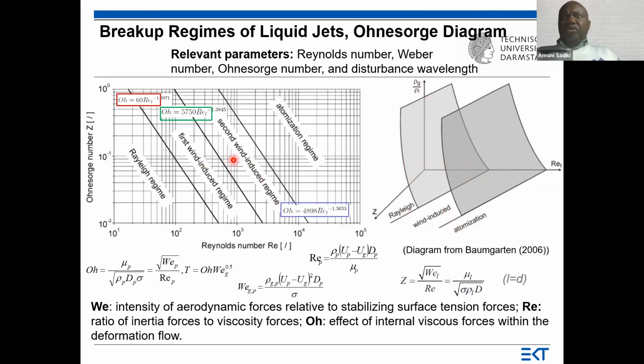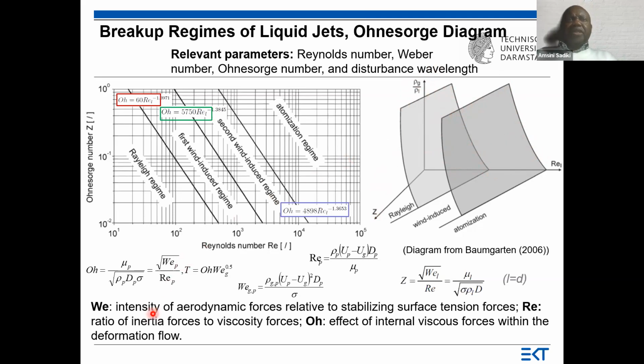So if I put these two together, we have this, and this line is this one here, and this line is this one, and we have the atomization. But they also tried to take into account the effect of this ratio, and by taking this effect, we obtain this set here. And from that, we can also get a relationship between Z and this ratio, and we get this expression there.